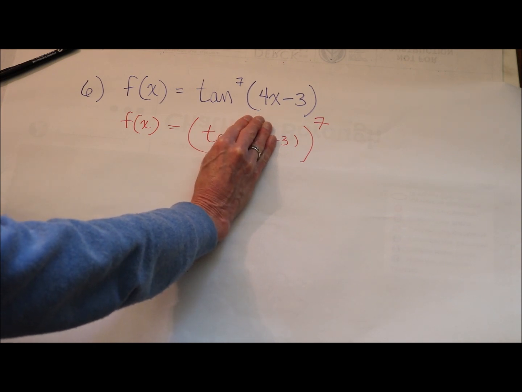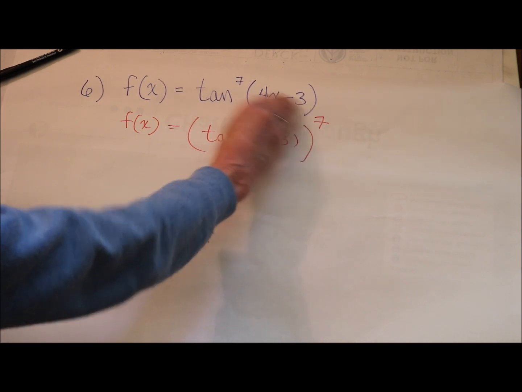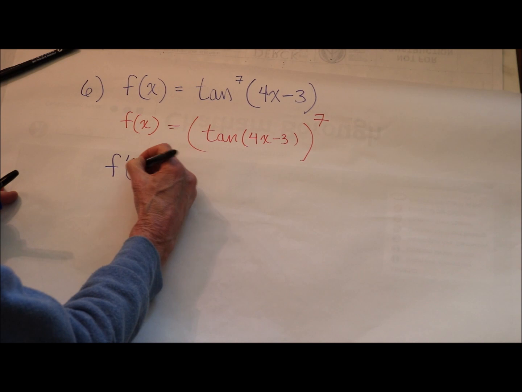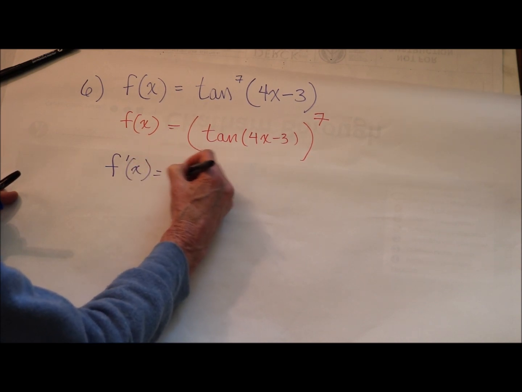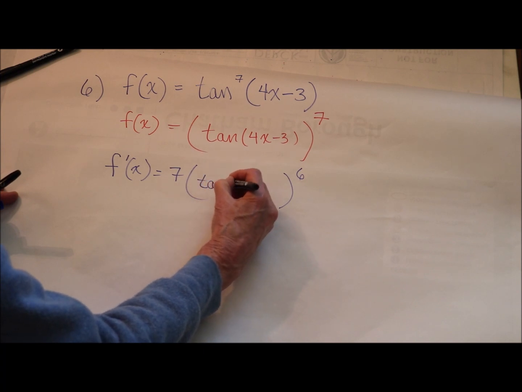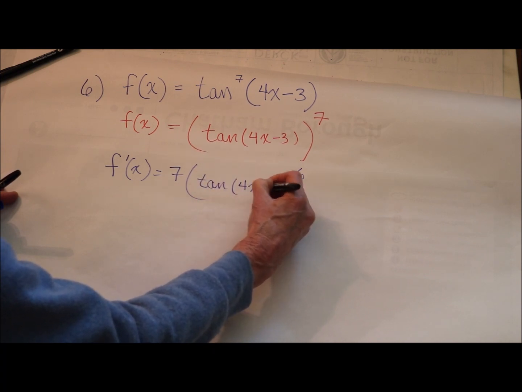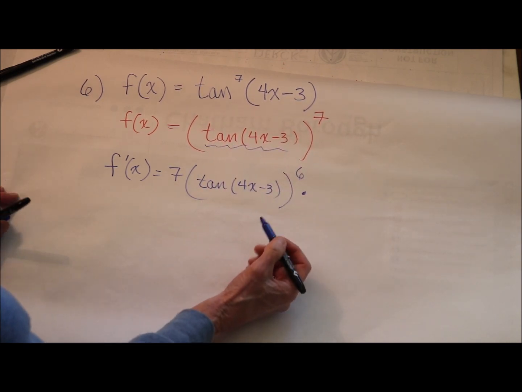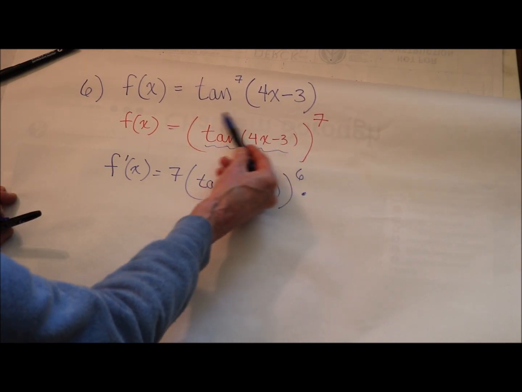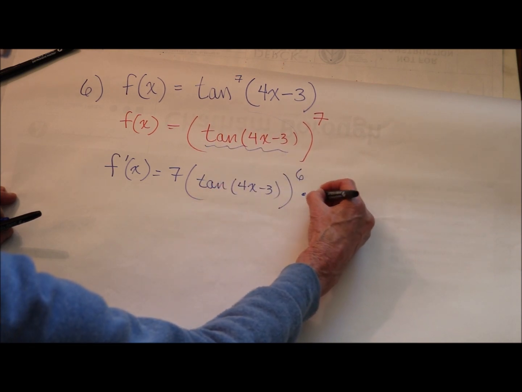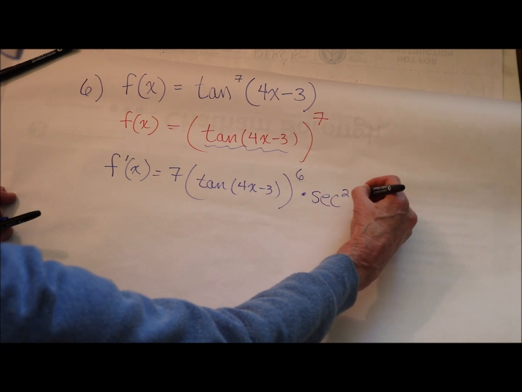I have a function that's raised to the 7th. So I'm going to do a big power rule to start this. So it's going to be 7 times that whole shebang to the 6th. But I have an inside, so the chain rule kicks in, times the derivative of the inside. Well, the derivative of the tan of something is the secant squared of that something.